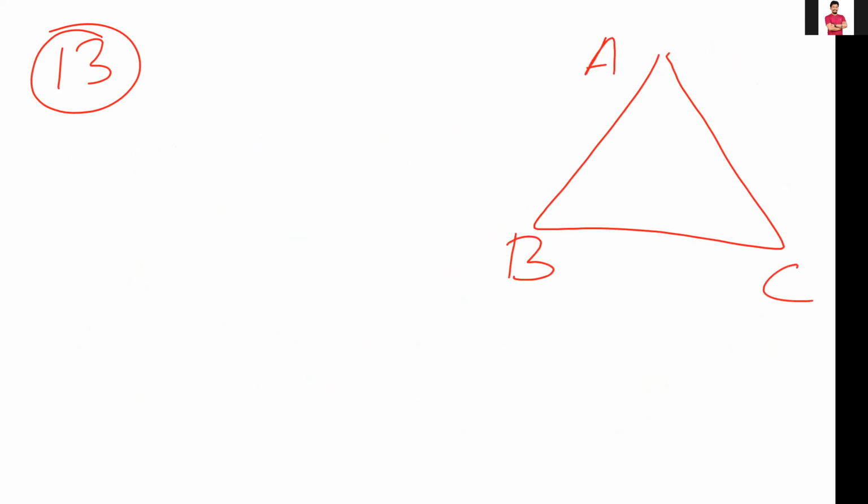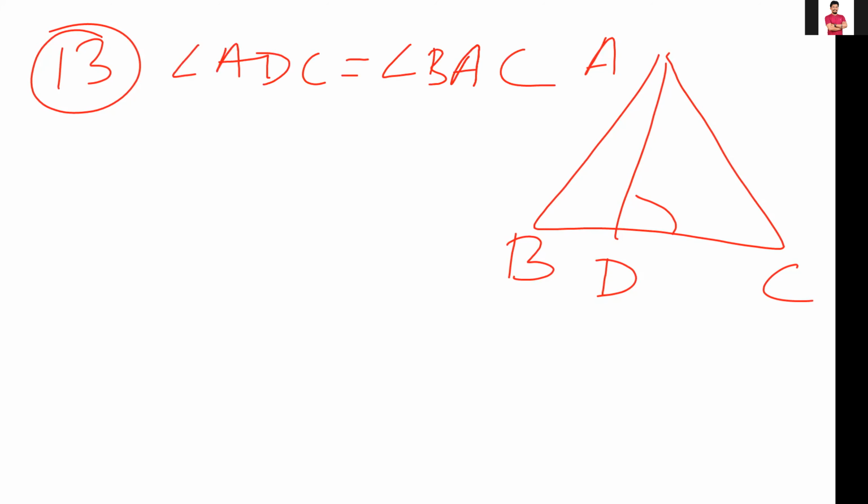D is a point on the side BC of a triangle ABC. So we have a triangle ABC, A, B, C. This is D. Such that angle ADC is equal to angle BAC.